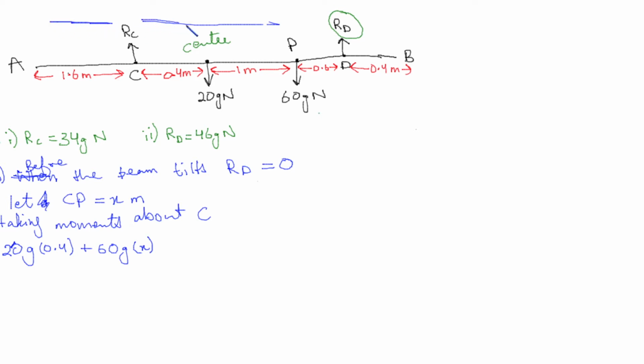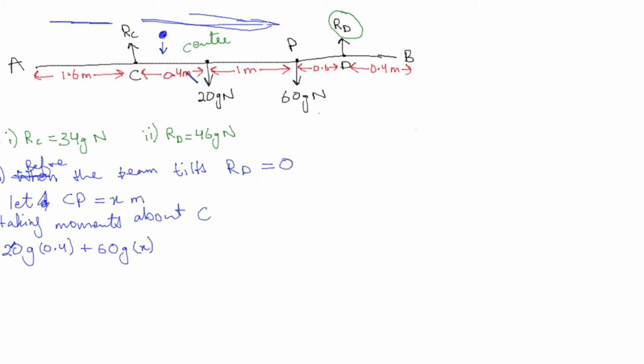We don't really know that, but the sign of our final answer will help us know where the boy actually is. If the boy travels a certain distance and stops at this point, the distance traveled would be the initial distance of P from C, which is 1.4, minus the new distance. But if the boy is here beyond C, then we will have to add it. So 1.4 plus the extra distance after C, and that will be the distance traveled by P.